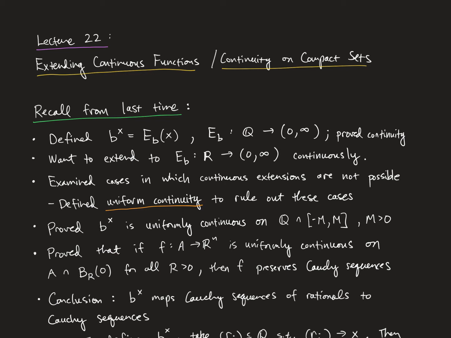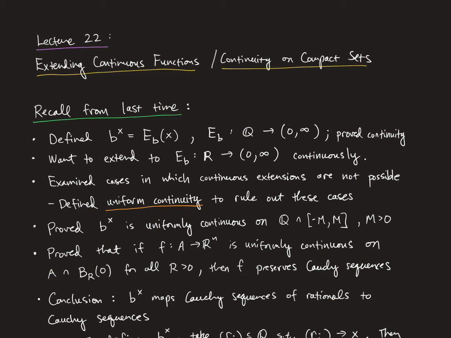To do that, what we showed is that if you have a function which is uniformly continuous on bounded subsets of the domain, so if we take the domain and intersect it with some finite ball, if your function is uniformly continuous there, then your function has to preserve Cauchy sequences.